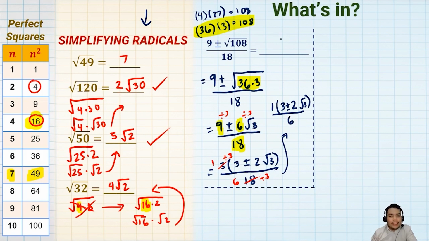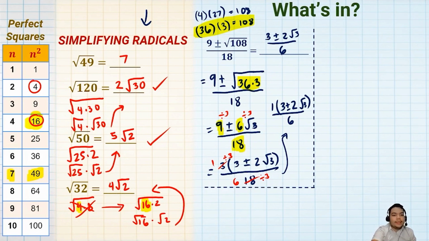So, our final answer will now be, hindi ko nalalagay yung 1 kasi 1 times that entire thing is just 3 plus minus 2 square root of 3 over 6. Ayan na yan. So, that is the simplified form of 9 plus minus the square root of 108 all over 18.